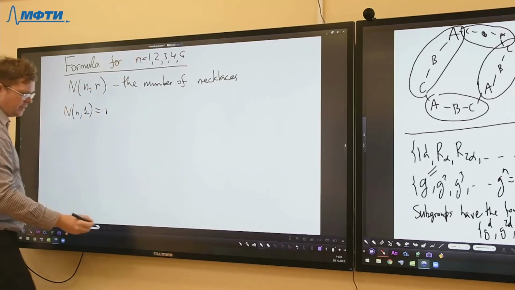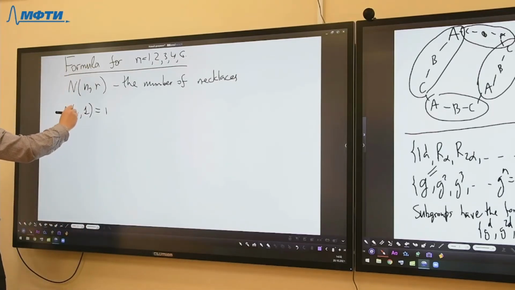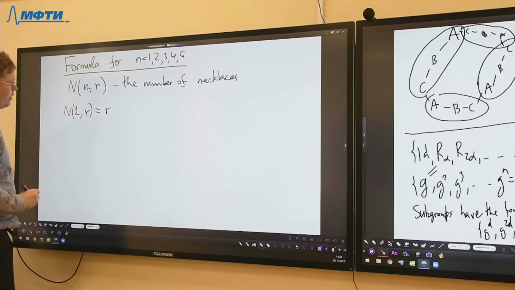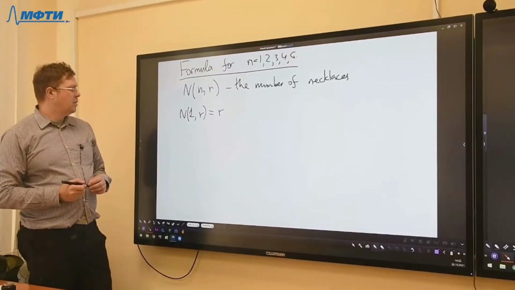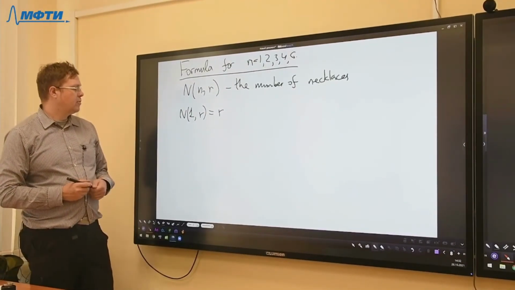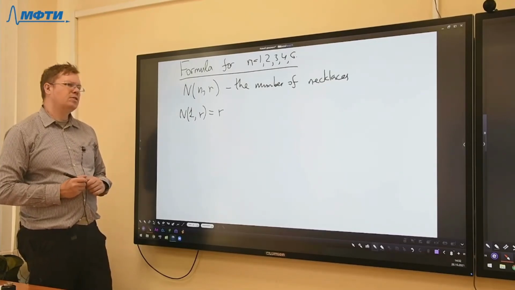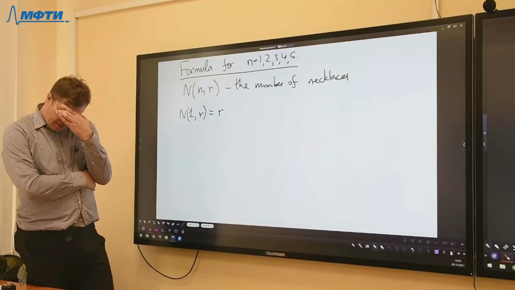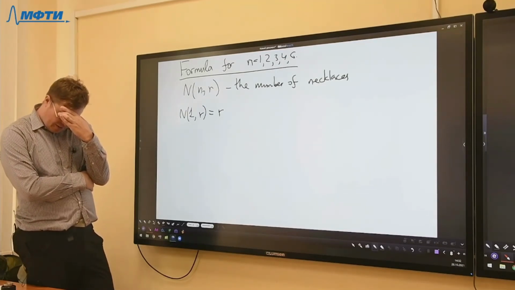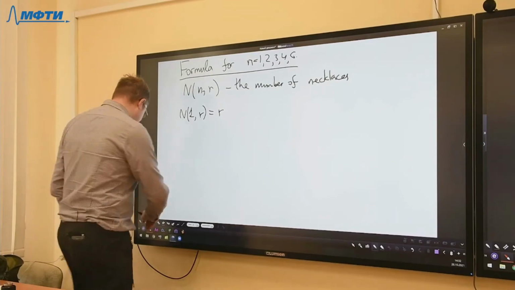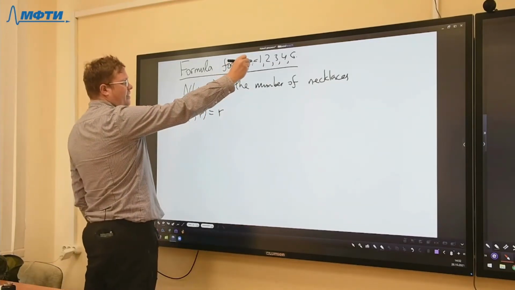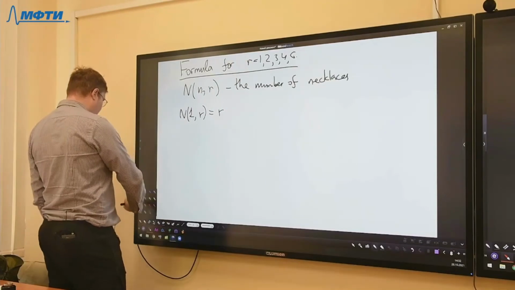Sorry. So I want to have a constant number of beads and a different number of colors. So sorry. So for N of 1 and r, we have exactly r different necklaces, because I have no options. Sorry, no, it was correct. So here I have only one color.